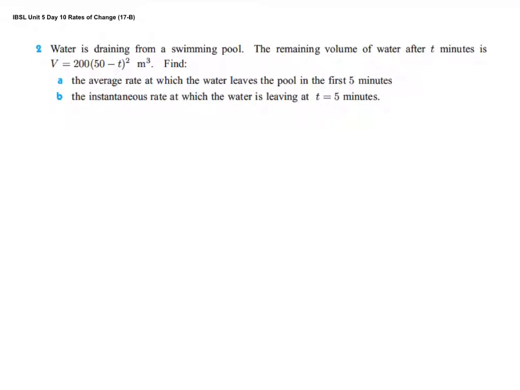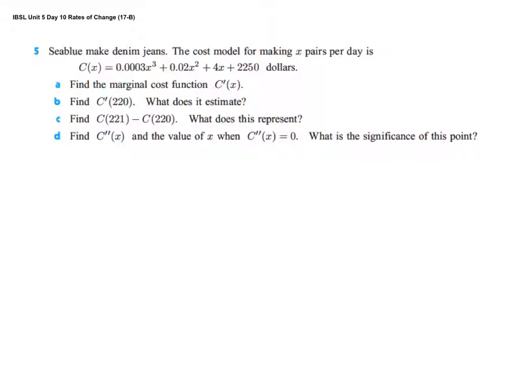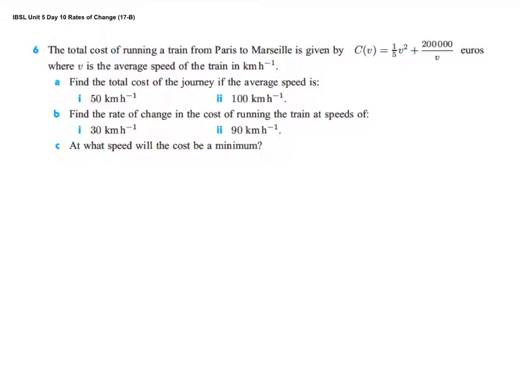Here we have the volume of water draining out of a swimming pool, and they made the volume be 200 times (50 minus T) squared cubic meters. Here we've got another marginal cost problem: the total cost of running a train.